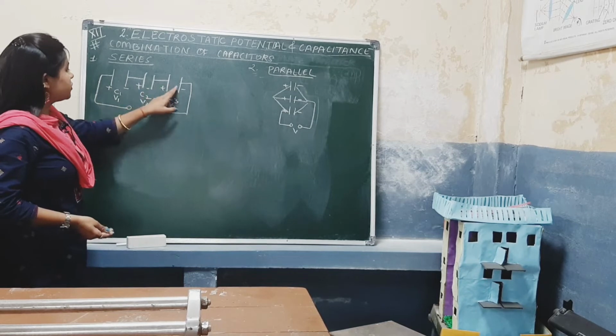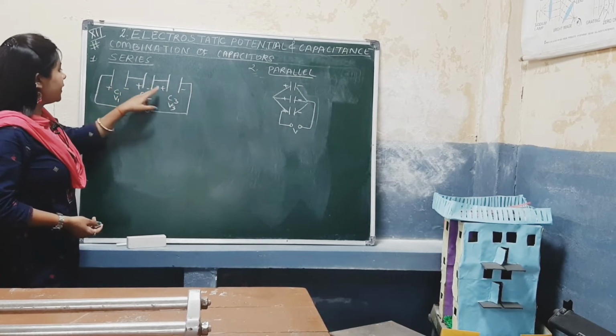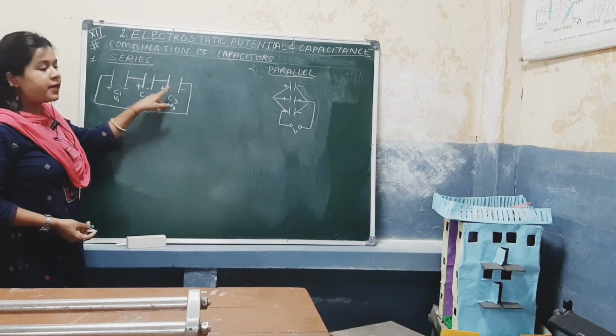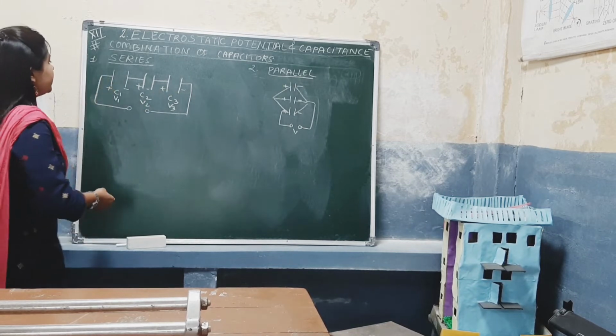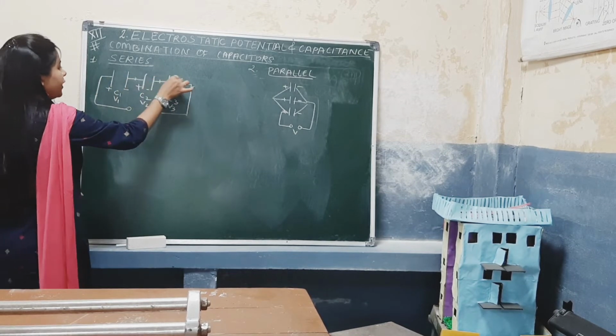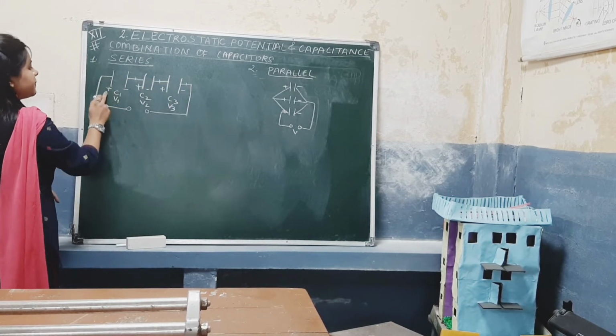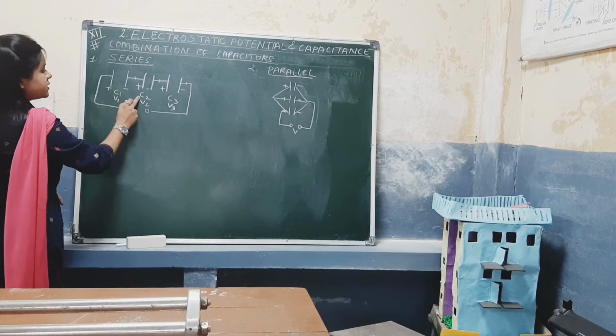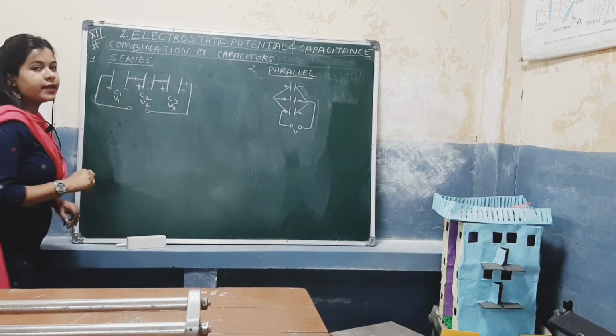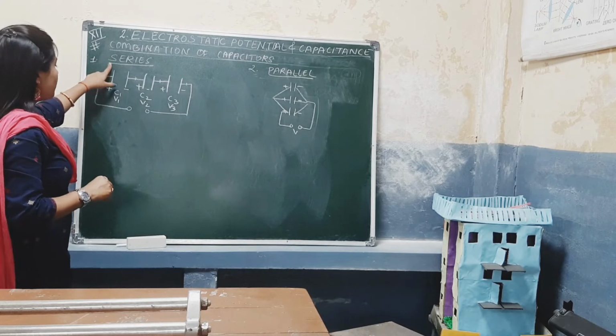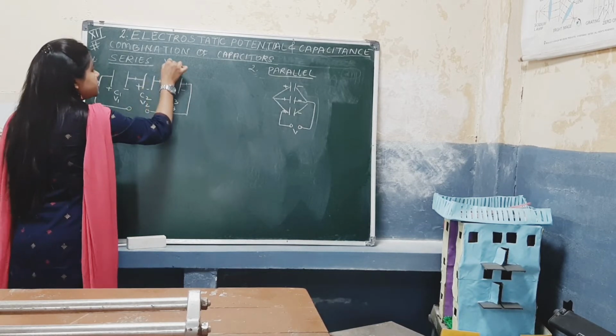In series combination of capacitors we combine parallel plate capacitors such that they are combined end to end. Now this is the capacitor C1, this is C2, and this is C3. In series combination the potential varies.